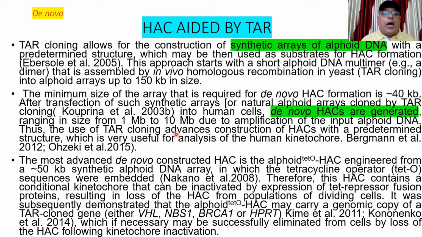Thus, the use of TAR cloning advances the construction of HACs. Although HACs were being constructed without TAR too, this introduction of TAR has advanced it, as has been reported by Bergmann and Ohzeki in 2012 and 2015 respectively. The most advanced de novo construct of HAC.